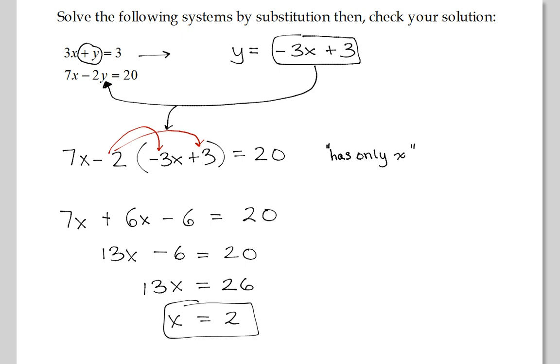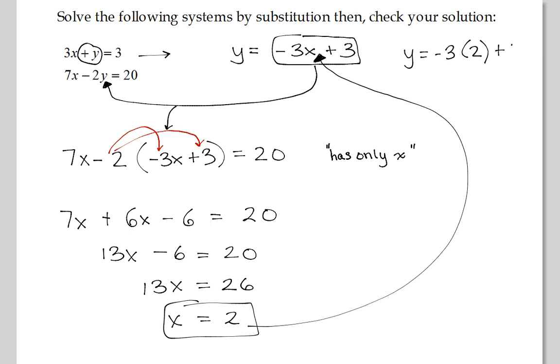So are we done? Well, once we have that x is 2, where does this need to go? Here. Because then you have an exact formula for y. Negative 3 times 2 plus 3. And you get negative 6 plus 3.